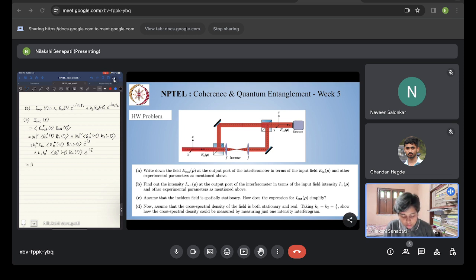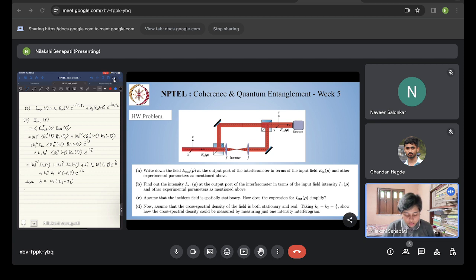which is again equal to k1 square I in rho plus k2 square I in minus rho plus k1 star k2 W rho minus rho e to the power minus I delta plus k2 star k1 W minus rho rho e to the power I delta, where delta equals omega 0 times t2 minus t1, that is the path difference itself.